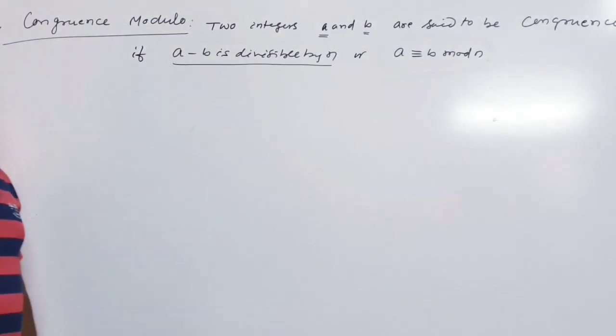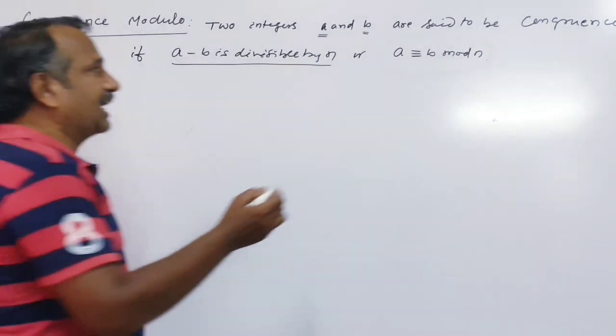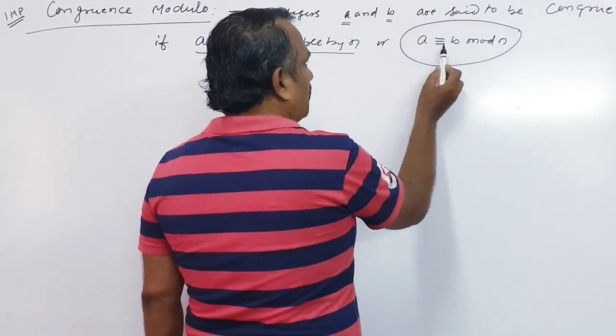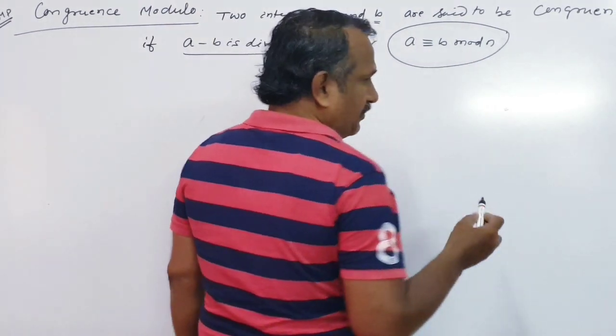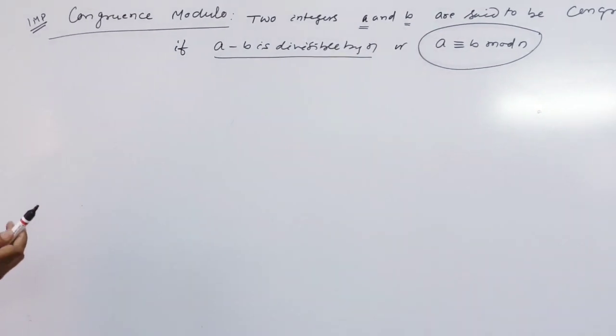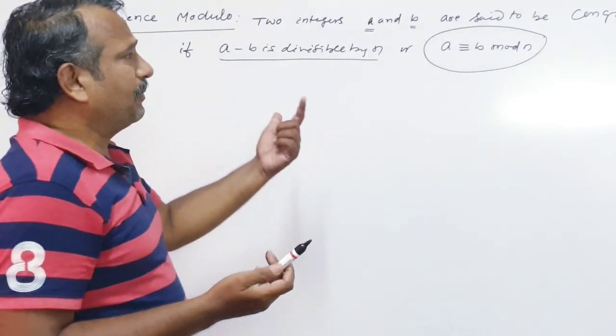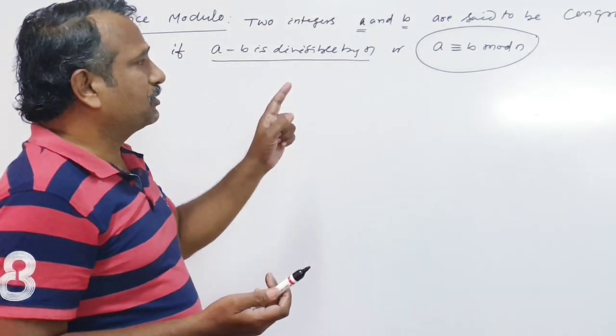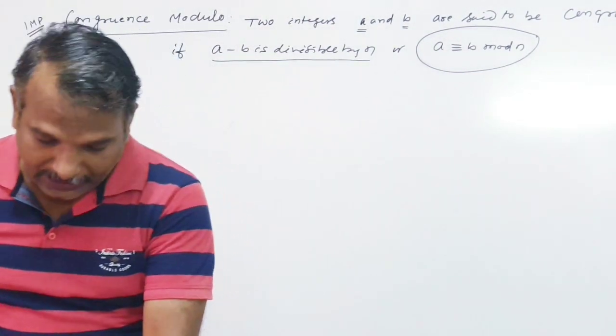This is the definition of congruence modulo: a is congruent to b mod n, n is a natural number, and a, b are integers. Okay, now what are the values of a and b? Here we choose the difference of these two, a minus b is divisible by n.